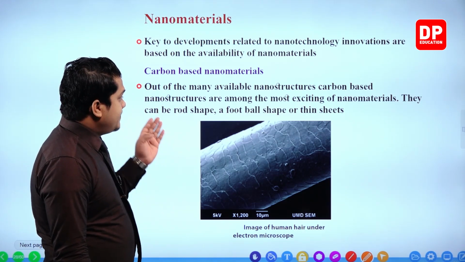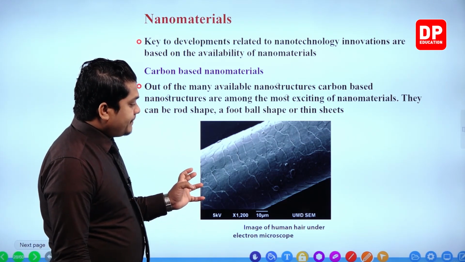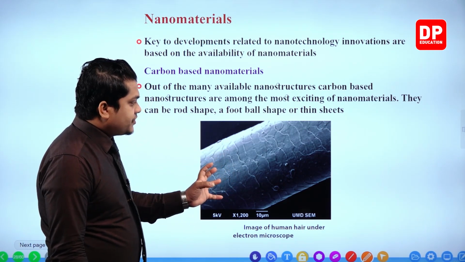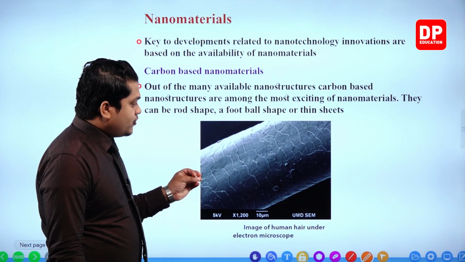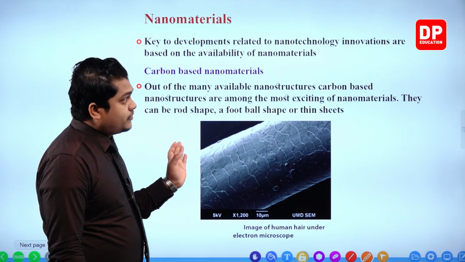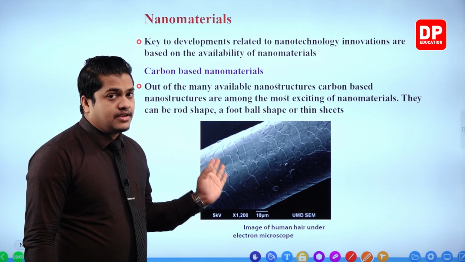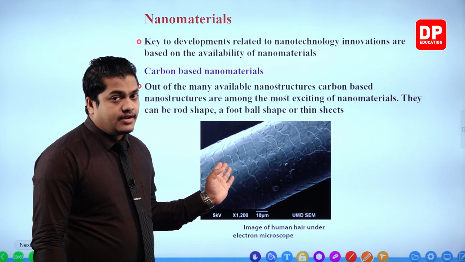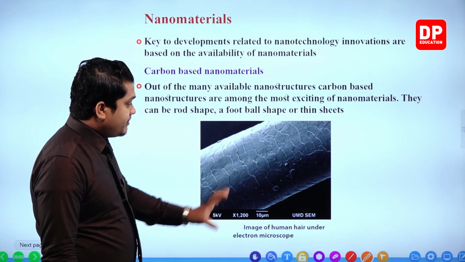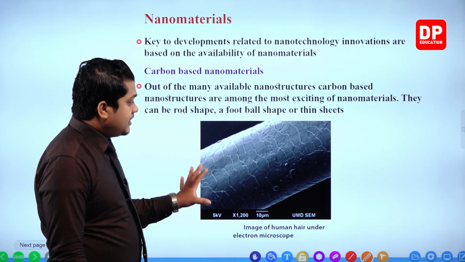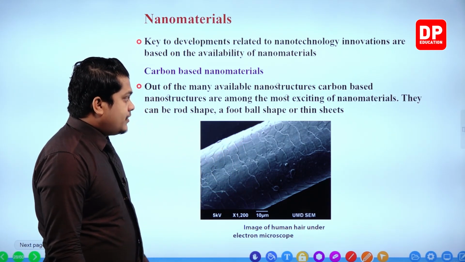This is just to get an idea about nanoparticles. If you go to the nanoscale, you might not be able to identify the things contained in that hair, right? So this is in microscale, and when you observe it from the microscale, you can see an image like this.